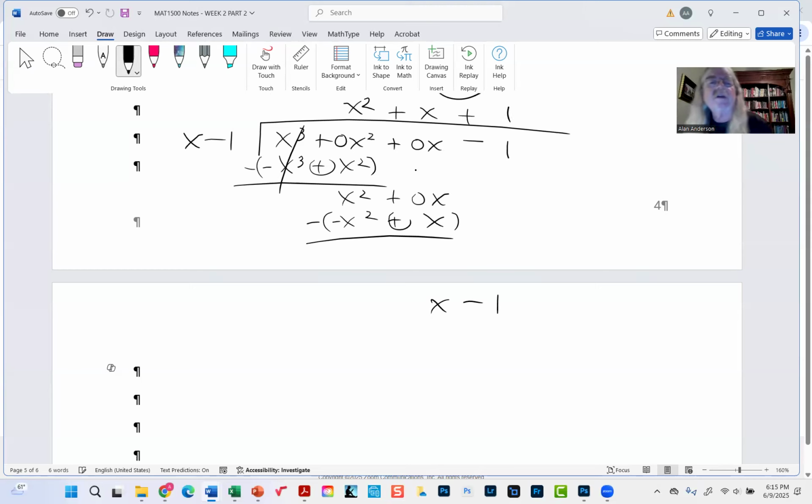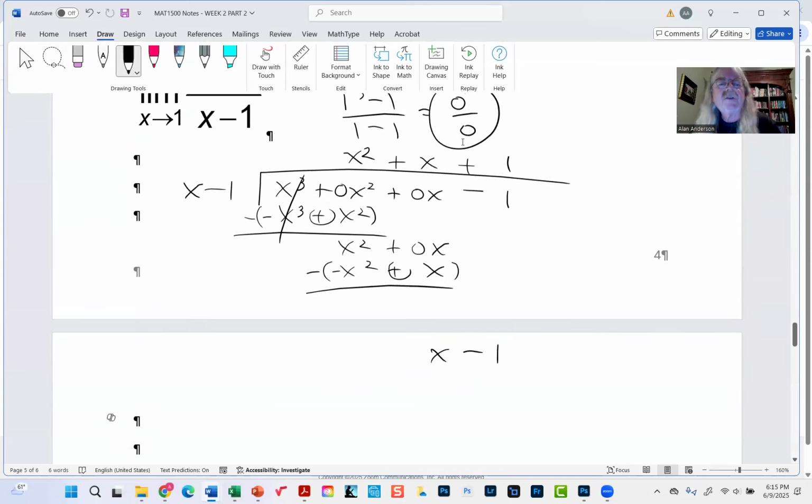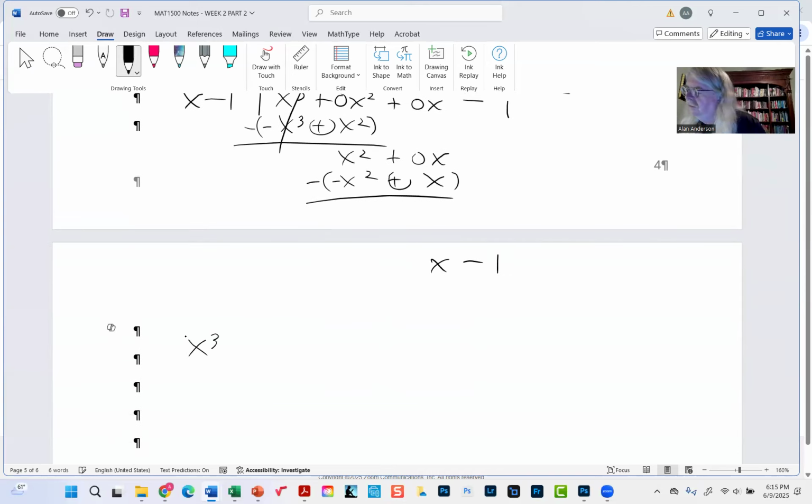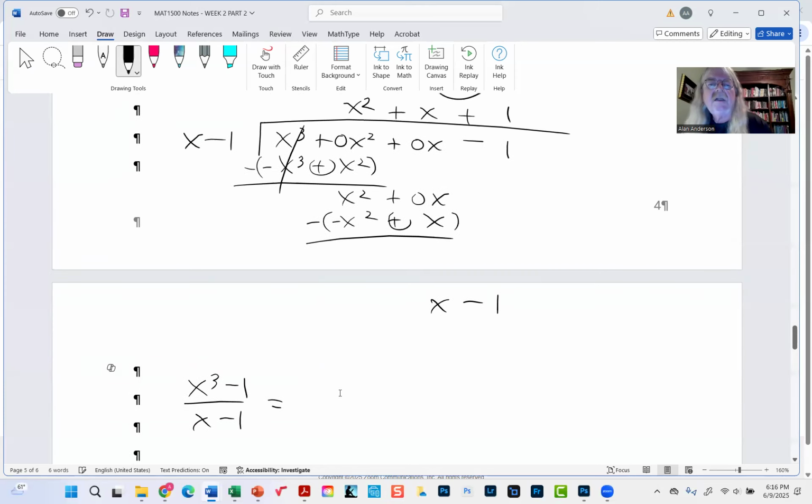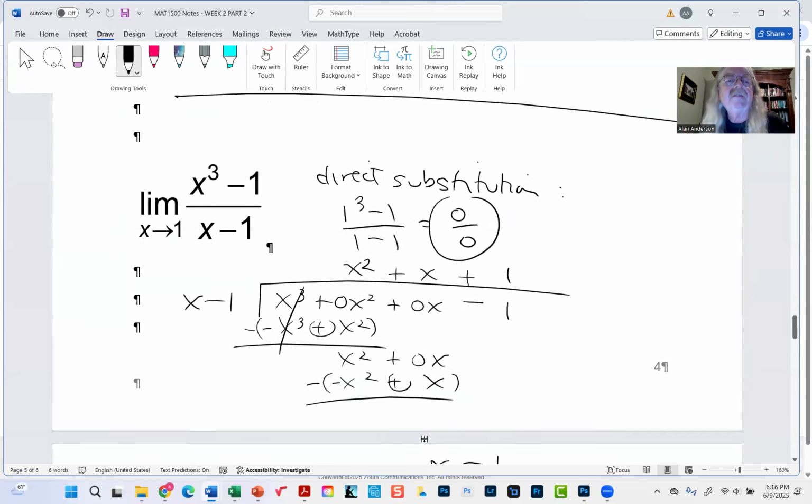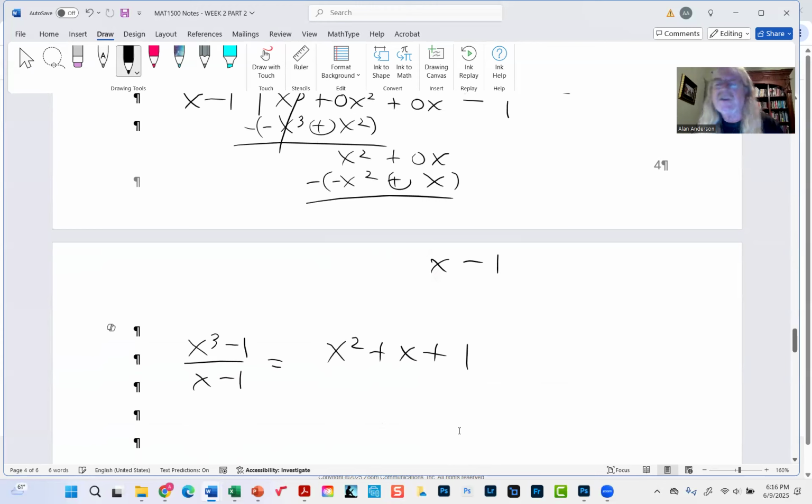So in other words, what this is showing us is that x cubed minus 1 over x minus 1 equals x squared plus x plus 1. Okay, so if you want, you can think of this as f of x, and you can think of this as g of x.